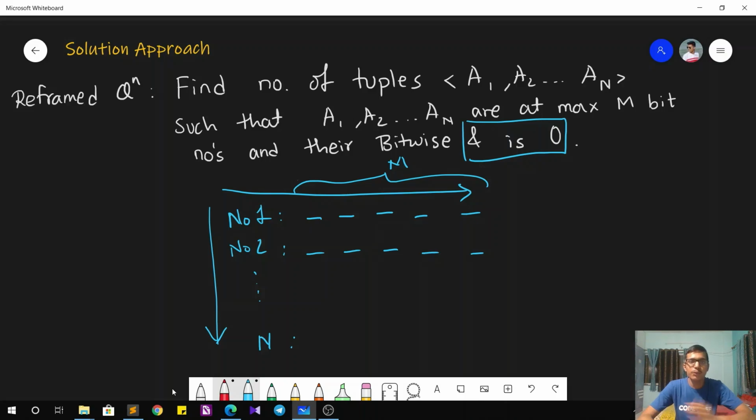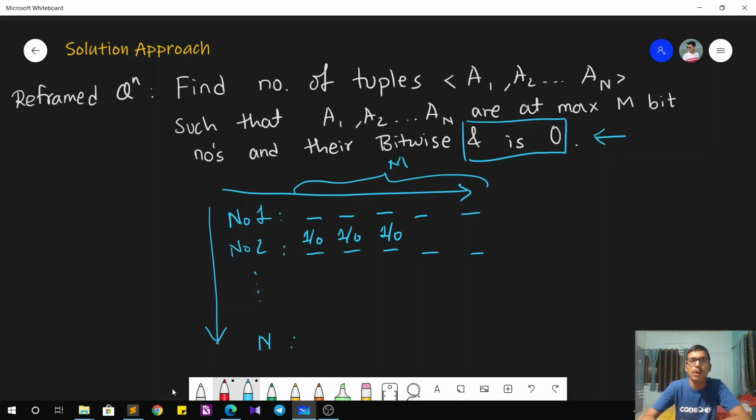So all that is left for us is to fill ones and zeros in this grid, because the numbers in binary have either 1 or 0, right? We have to find the total number of ways in which we can fill ones and zeros in this grid such that the bitwise AND is 0.